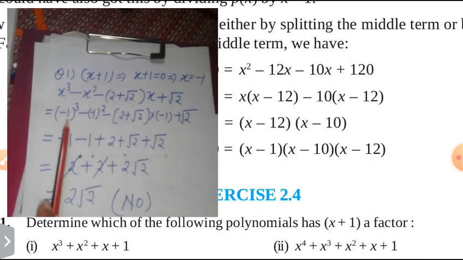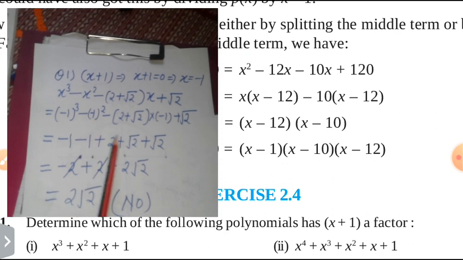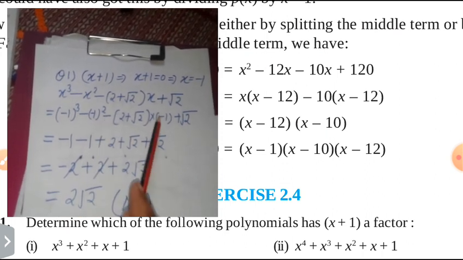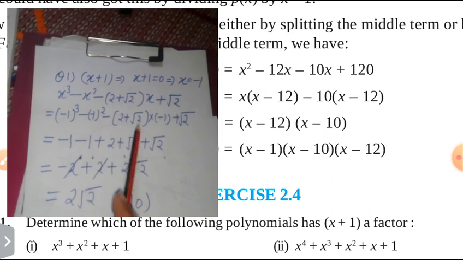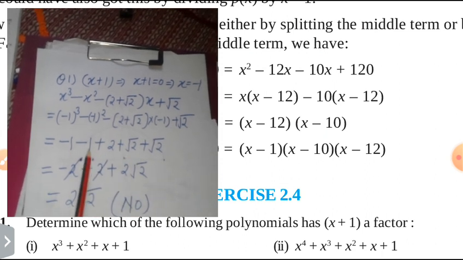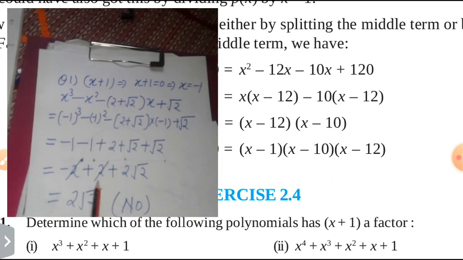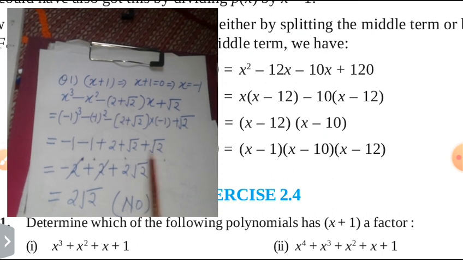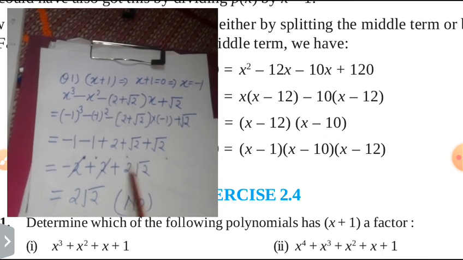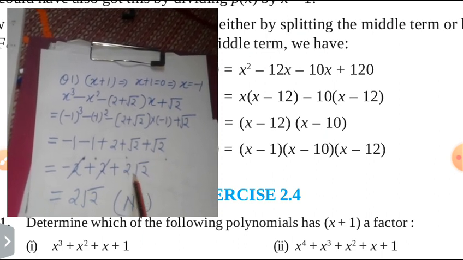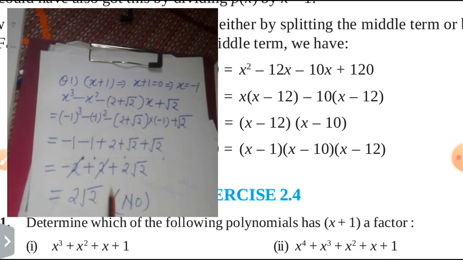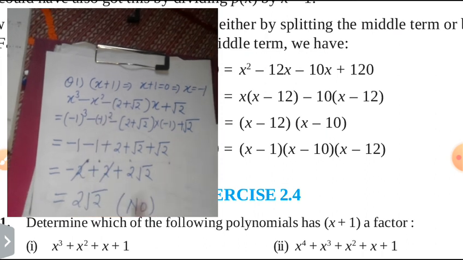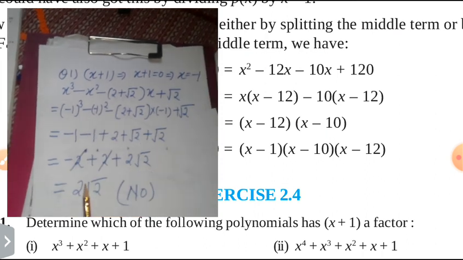You can see that minus 1 cube equal to minus 1, minus 1 square equal to 1, and minus and minus will be plus, and the bracket will also open. You can see that minus 2 and plus 2 will cancel each other, and root 2 terms are like terms, so we can calculate together. So this will be 2 root 2. So the answer will be 2 root 2. It is not 0. Hence x plus 1 is not the factor of this polynomial.